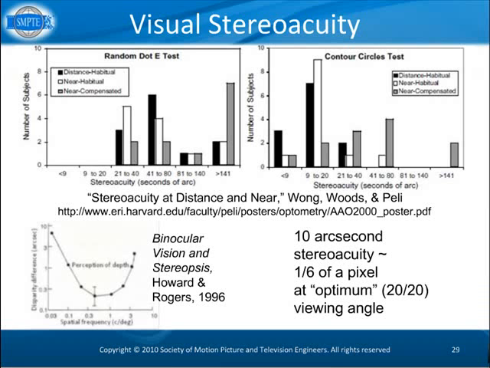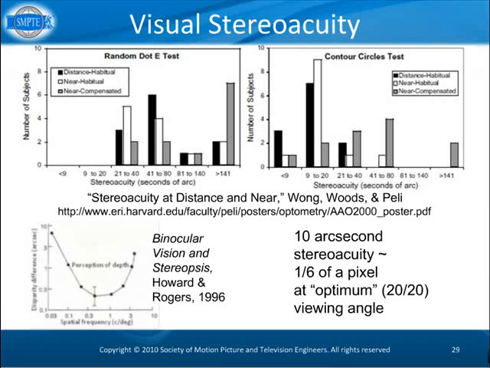By the way, a pixel for 20/20 vision tends to be 1 minute of arc. So we're talking much, much greater sensitivity to stereo acuity than to luminance resolution. And even up at the top, here are two tests with different stimuli, different people involved.